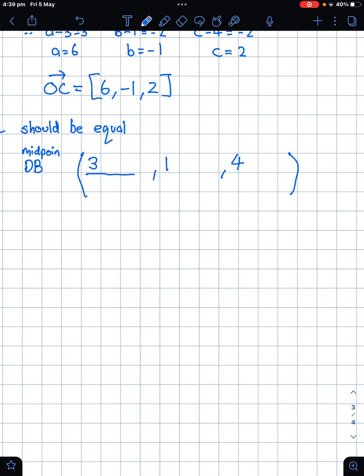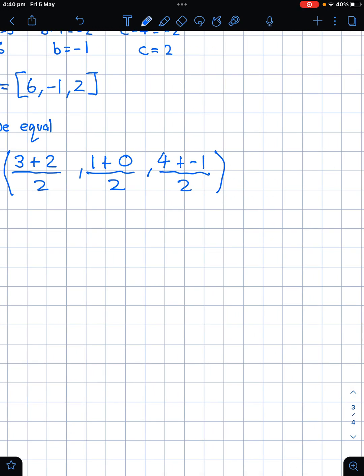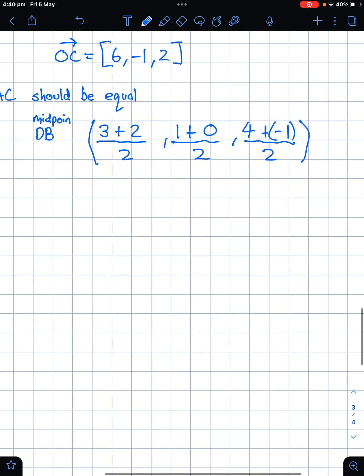Okay, these are all going to be divided by 2. That's how we find a midpoint. We add them together, and then I've got to add the B values together. Now, I'm doing this one first because it's D and B. We were given those coordinates. So B is 2, 0, and negative 1. And so this midpoint is going to be 5 on 2, 1 on 2, and 4 take 1 is 3, 3 on 2.